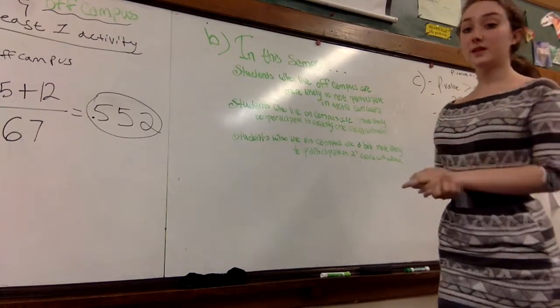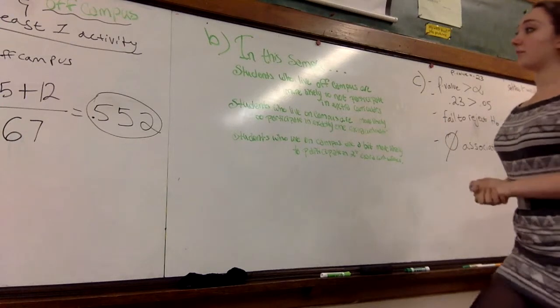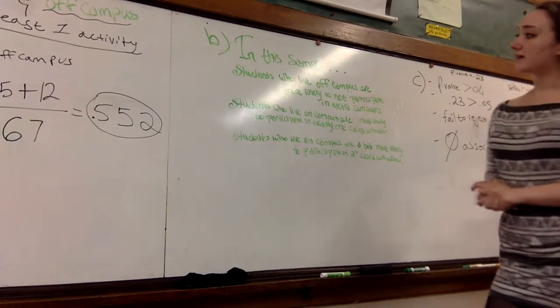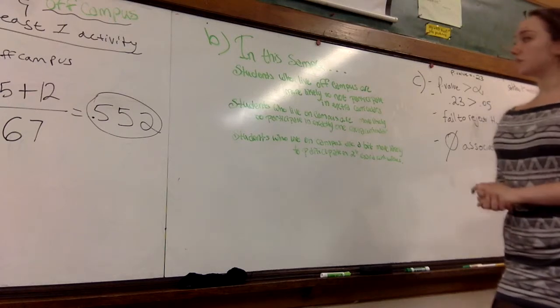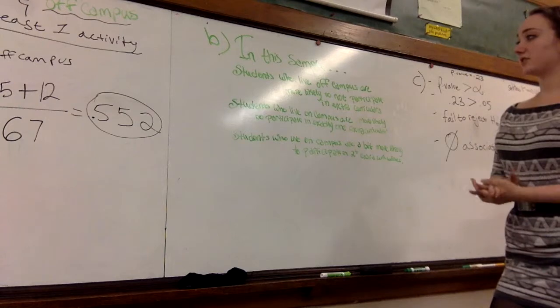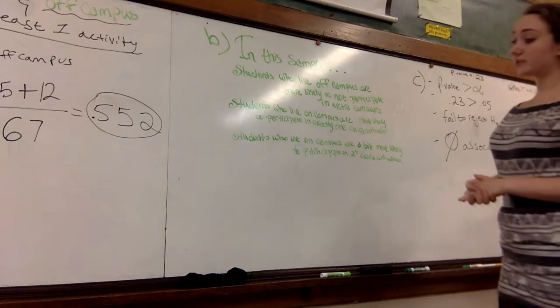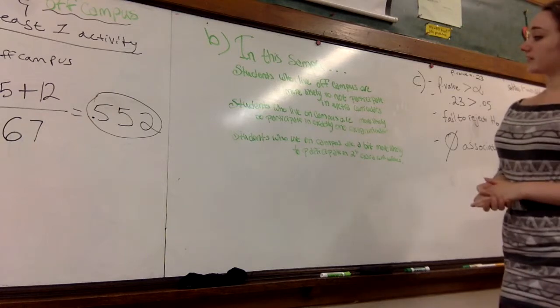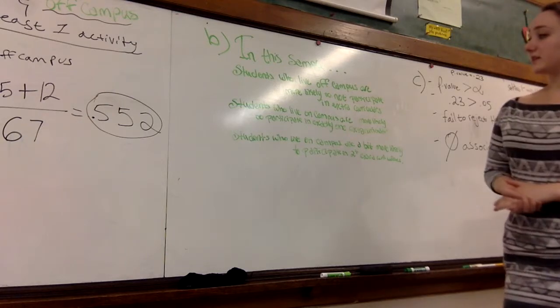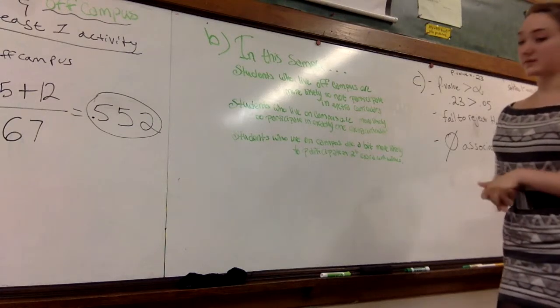From that two-way table, we can come up with 3 different points. One is that in this sample, students who live off campus are more likely to not participate in extracurriculars than those who live on campus. Point 2 is students who live on campus are more likely to participate in one extracurricular versus students who live off of campus.